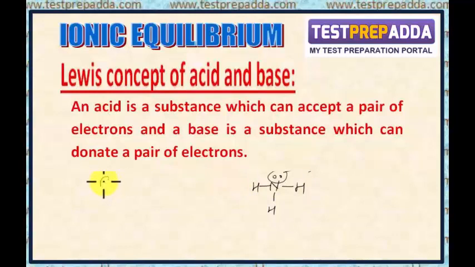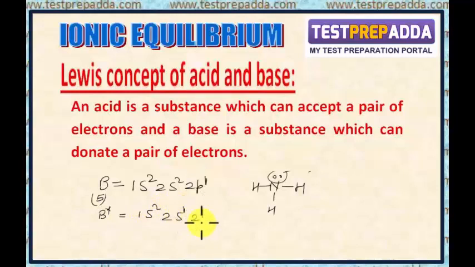Now if I talk about this BH3, the central atom is boron. If I write the electronic configuration of this boron, 1s2, 2s2, 2p1. Total 5 electrons are there. And in the excited state, we can write 1s2, 2s1, 2p2.